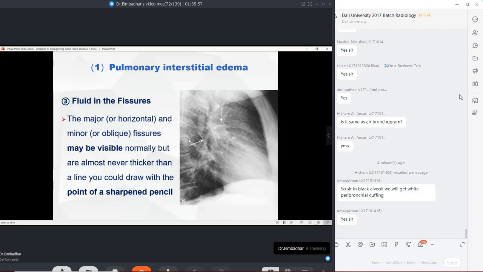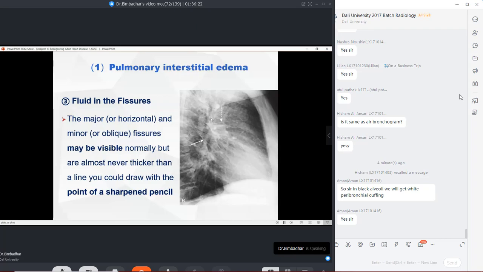Generally they are not visible, but they become visible as thick lines. That is called fluid in the fissures, because the lymphatics and the blood vessels are present in the pleural space, right? So it is the same way here. All the edematous fluid will eventually drain into the lymphatics. That's the reason we have the fluid in the fissures.